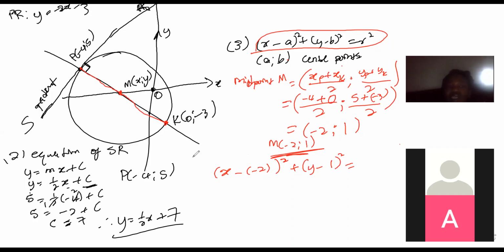We need to find our r. So we have x plus 2 squared plus y minus 1 squared is equal to r squared. Let's find r. Can you see that r is the radius, which is the distance between M and K, or between M and P? So then we can find our r.